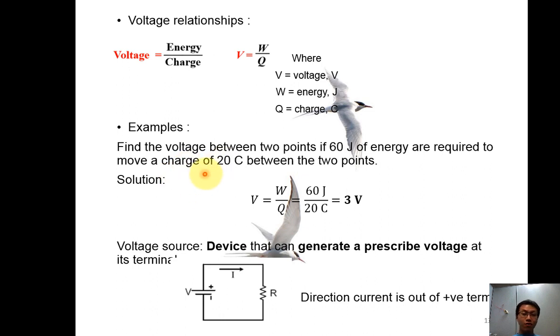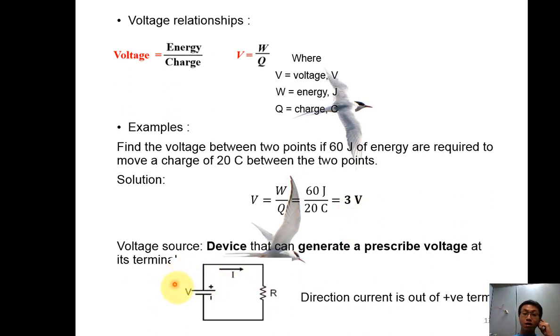For example, find the voltage between 2 points if 60 joule of energy is required to move a charge of 20 coulomb between 2 points. Always the voltage will be between 2 points. When it is the same level, there's no voltage difference, so it becomes 0. So V equals W divided by Q. My W is 60 joule, my Q is 20 coulomb, so I have 3 volt.